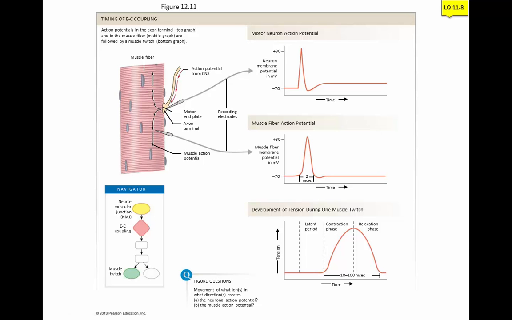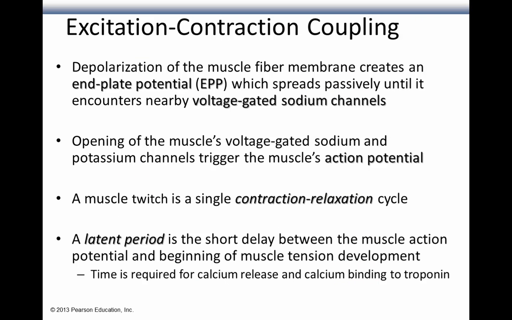That means there's something else going on in the muscle cell in response to the electrical signal that then triggers the muscle contraction. The end plate potential spreads passively until it encounters voltage-gated sodium channels. This opening of the voltage-gated sodium channels causes the muscle action potential.